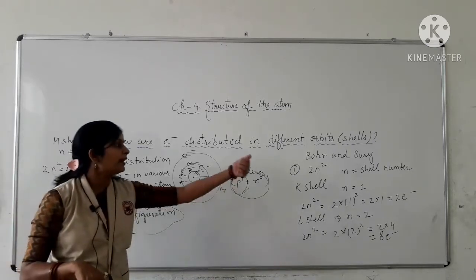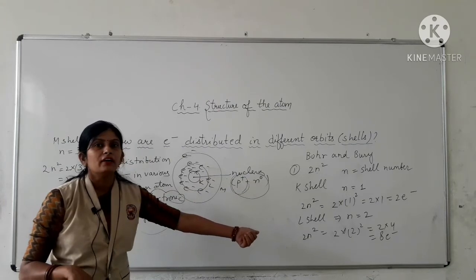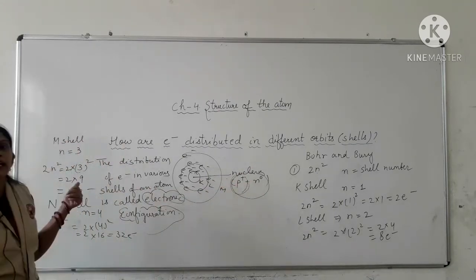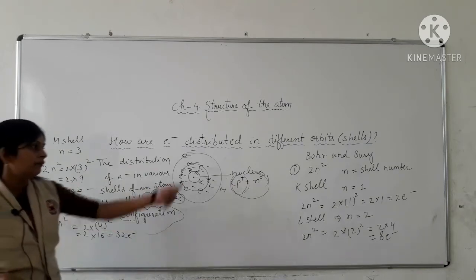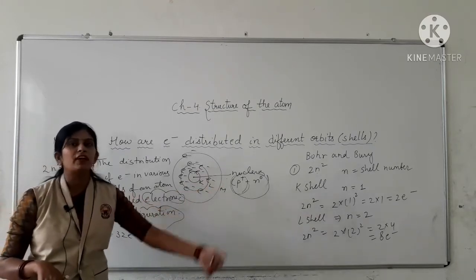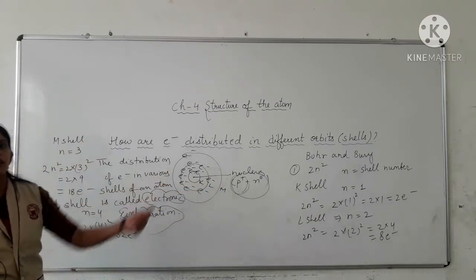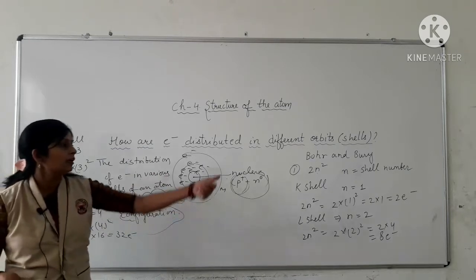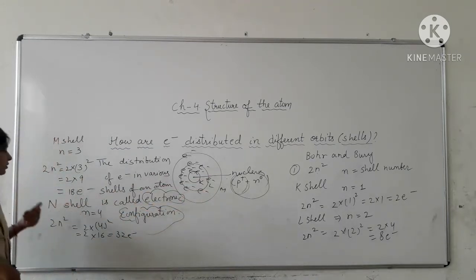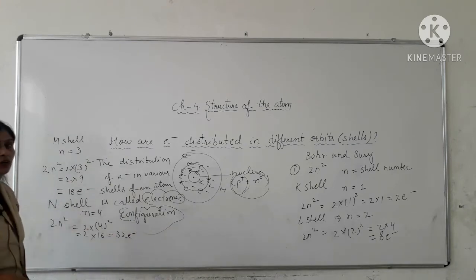So by applying formula 2n square, we can find out the maximum number of electrons that can be accommodated in a given shell, and we have calculated it for various shells: in K, 2 electrons, L, 8 electrons, M, 18 electrons, and N, 32 electrons.